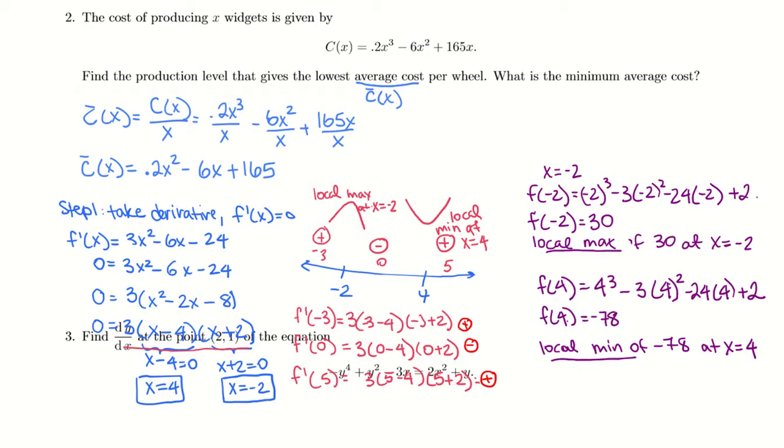To minimize this function, we take the derivative. C bar prime of x is equal to 0.4x minus 6 plus 0.